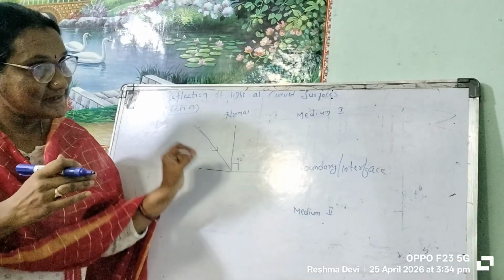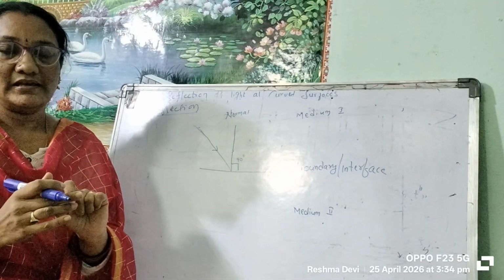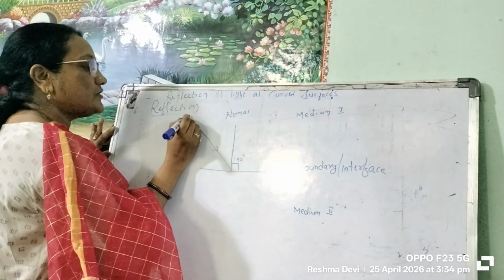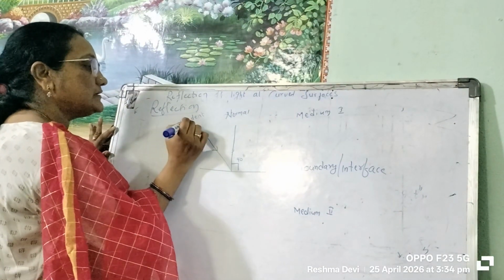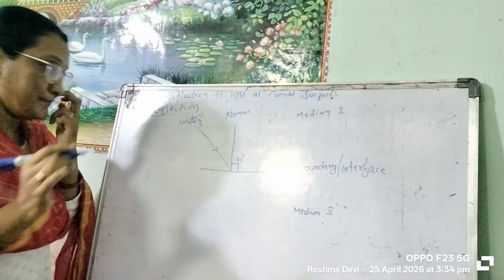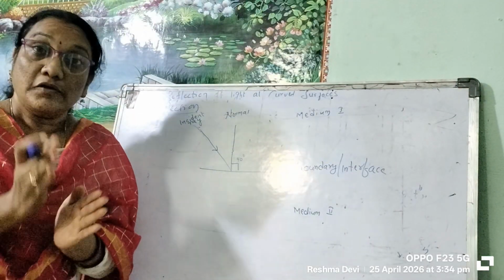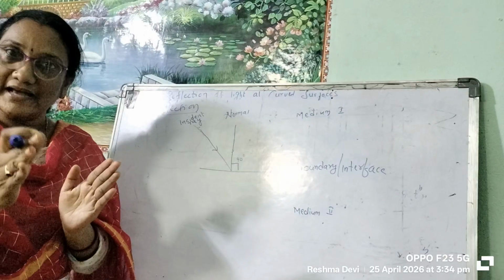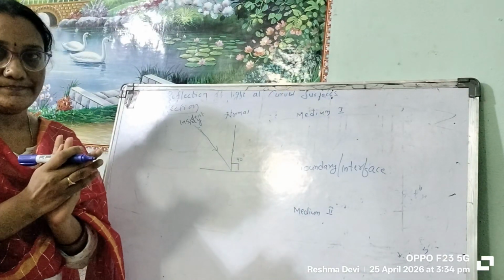As it is incident on the boundary, we call it as incident ray. The light ray which is incident on the boundary, we call it as incident ray.